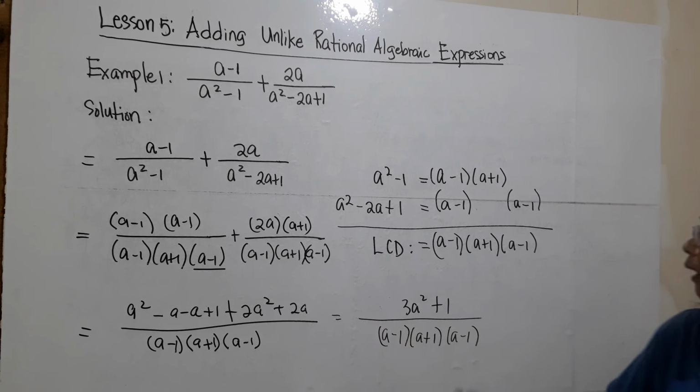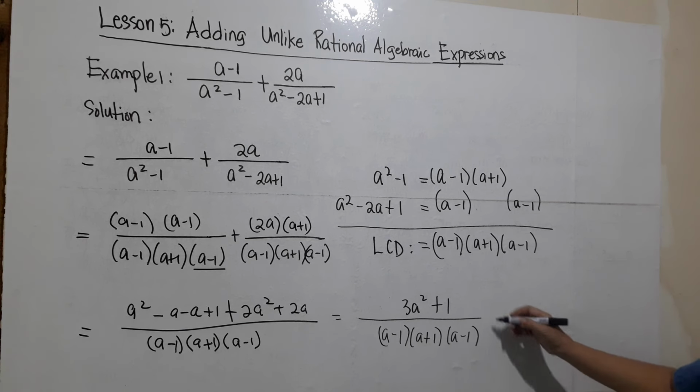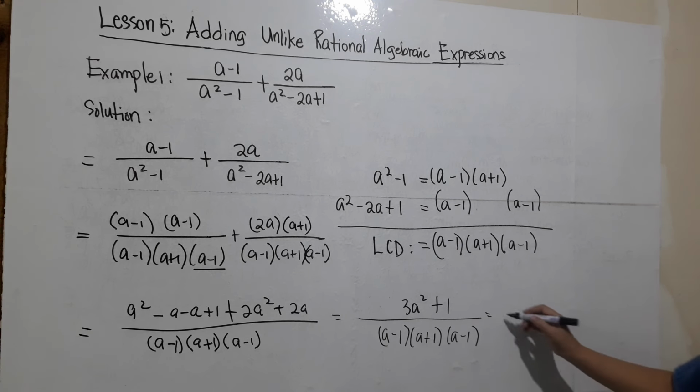Then we can have our answer in this form, or we can multiply the factors here. We know that a minus 1 times a plus 1 is the same as a squared minus 1, so you can write it that way.